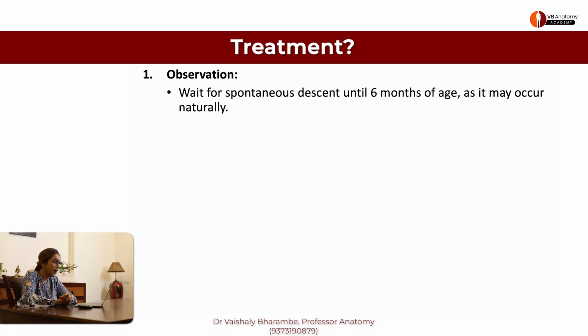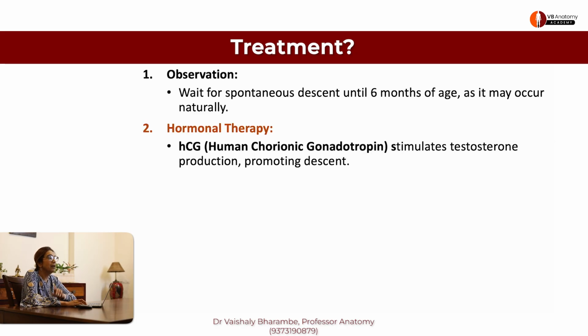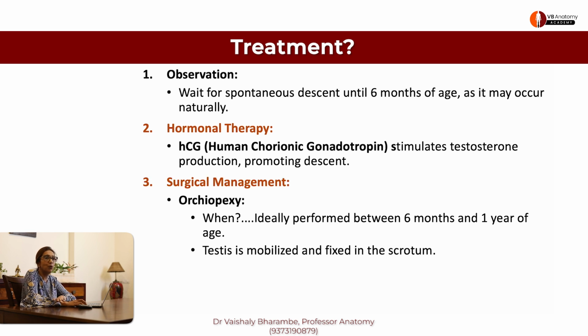So how are you going to treat this person? One is wait for spontaneous descent. Wait, allow it to descend. 2, give hormone. Say human chorionic gonadotrophin is given, it stimulates descent. 3, perform orchiopexy. Find out where the testes are. In the 6th month to 1 year of the child's life, you find the testes, you bring it into the scrotum and you anchor it.